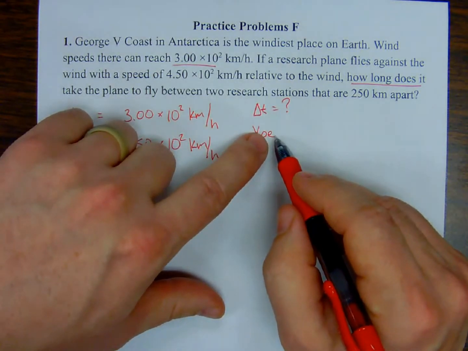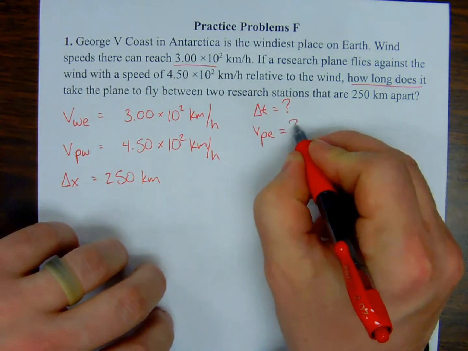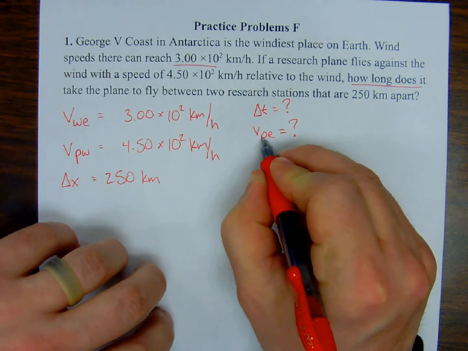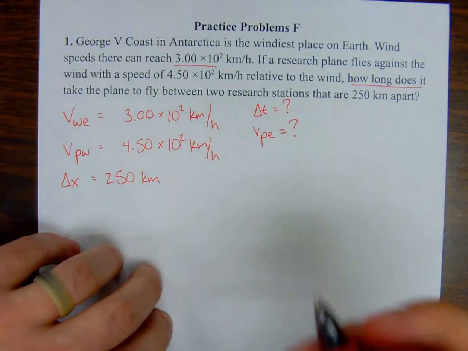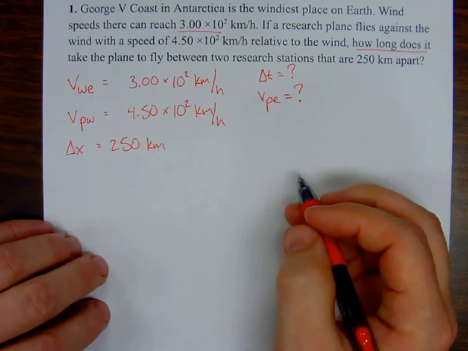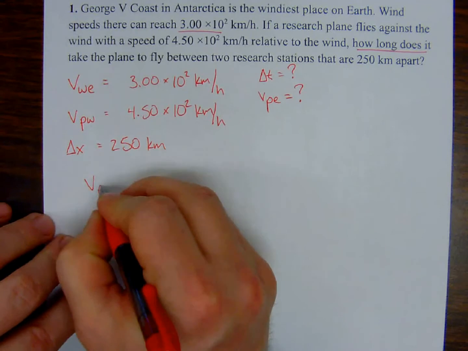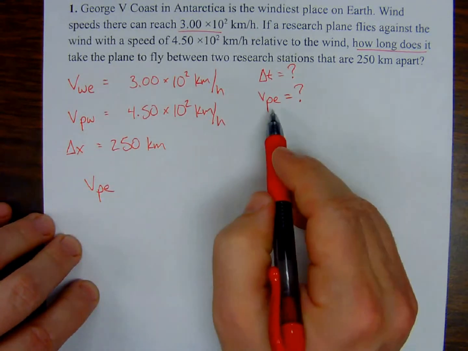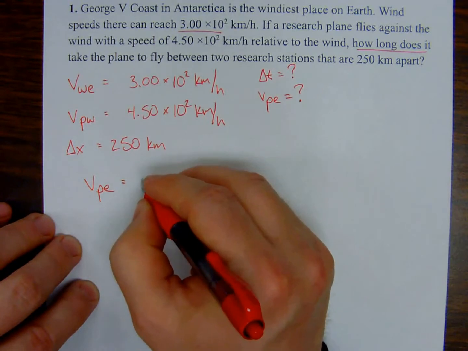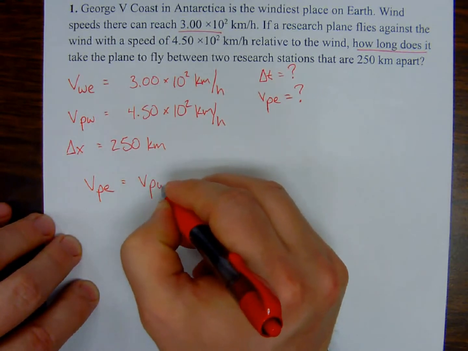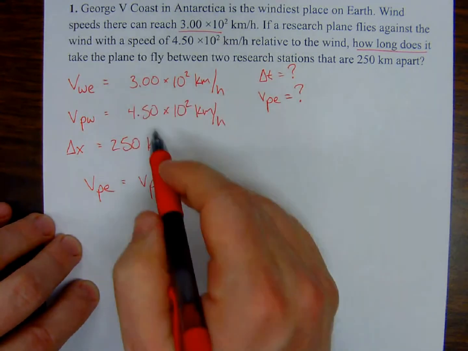Now, in general, for these relative motion problems, when you're trying to find this velocity here, it's going to be a sum of these different velocities. In this case, we have the velocity of the plane with respect to the wind, and then the velocity of the wind with respect to Earth.